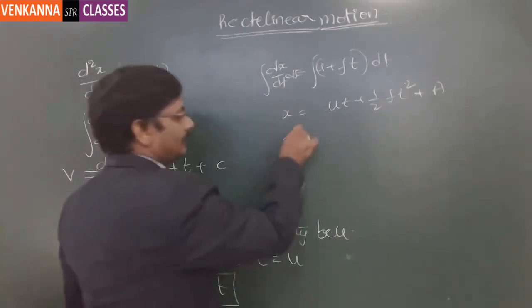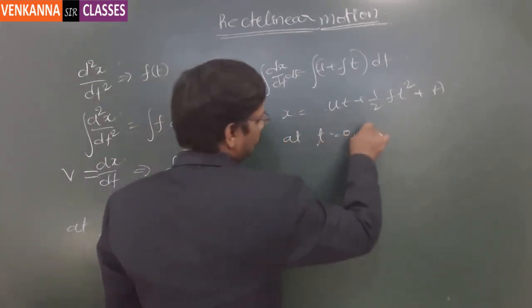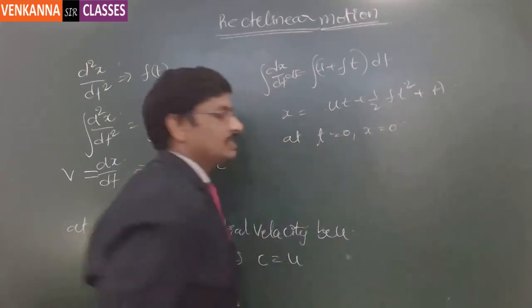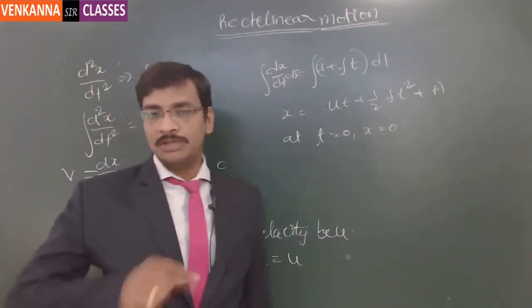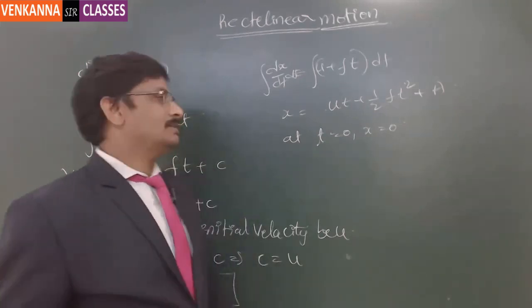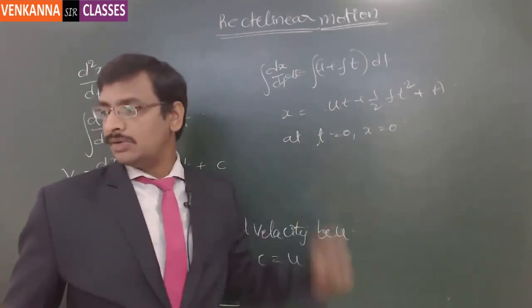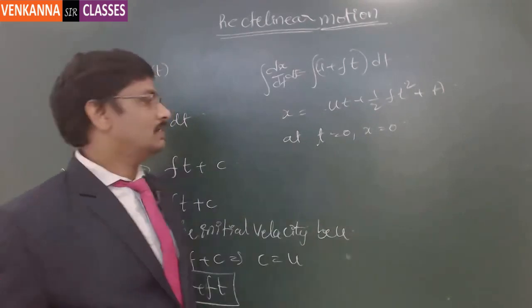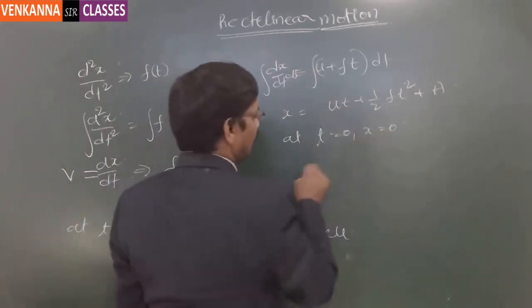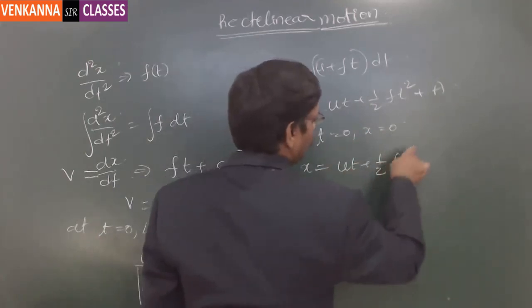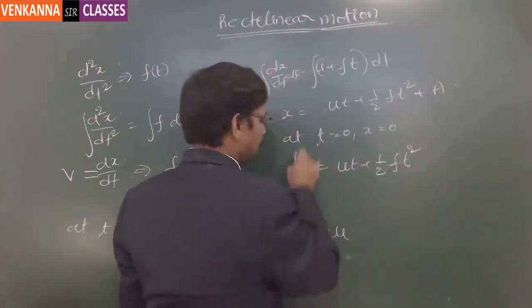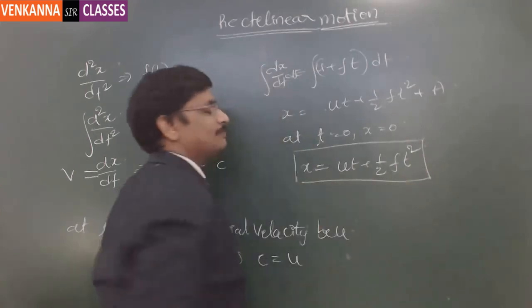Now at t equal to 0, x is equal to 0. That is the displacement initially when we started, so we start counting from where we have started. That means x equal to 0 at t equal to 0. In that case, this can be written as x is equal to ut plus half ft square. This is the relation between the displacement and time.